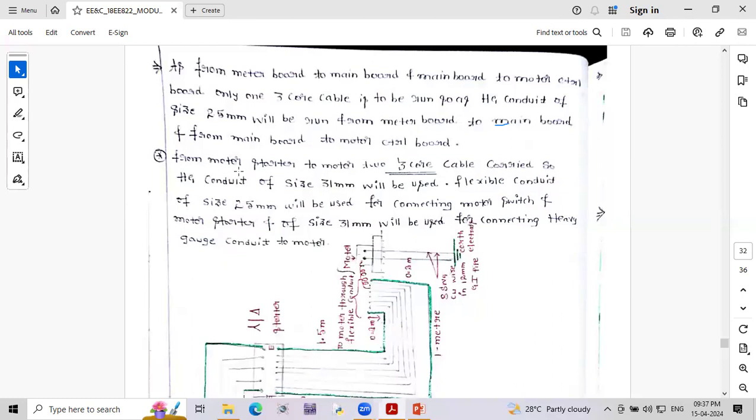From meter board to control board they are going to use only a single 3 wire cable. From starter to motor we should use 6 wires. One cable contains only 3 cores, R, Y, B, so we need to use 2 cables from starter to motor.